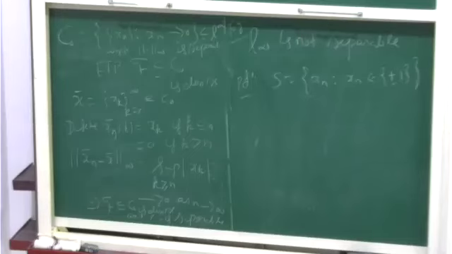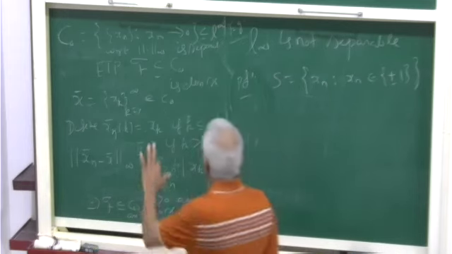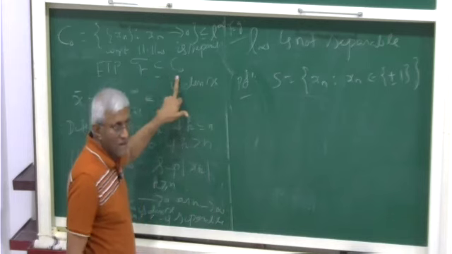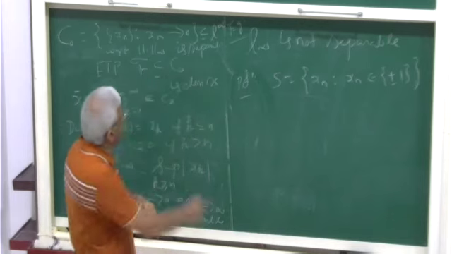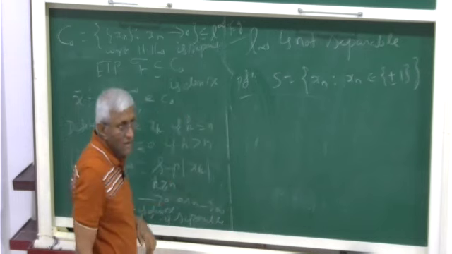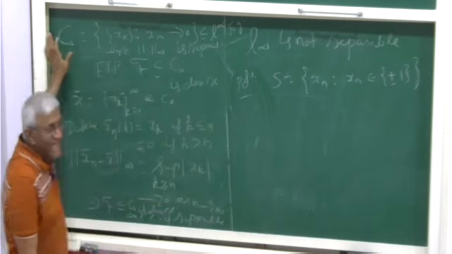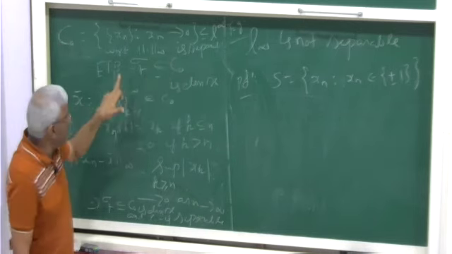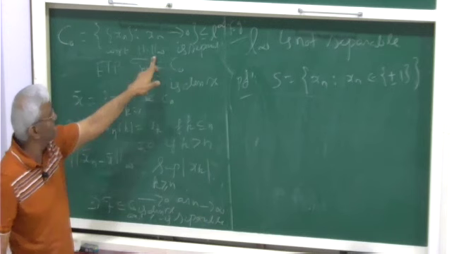Enough to prove that this is dense. By definition, that is enough to prove separable. C naught is separable. To prove that, it is enough to prove this.